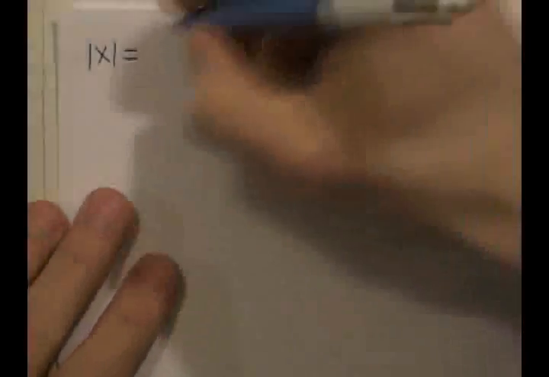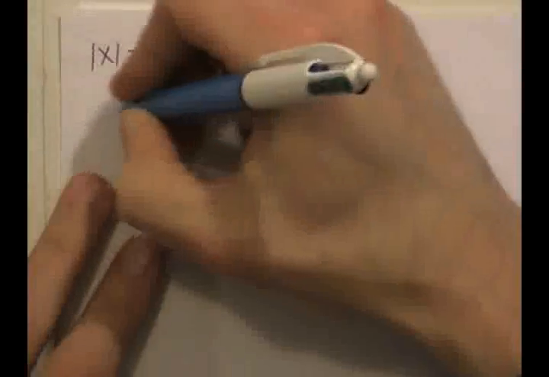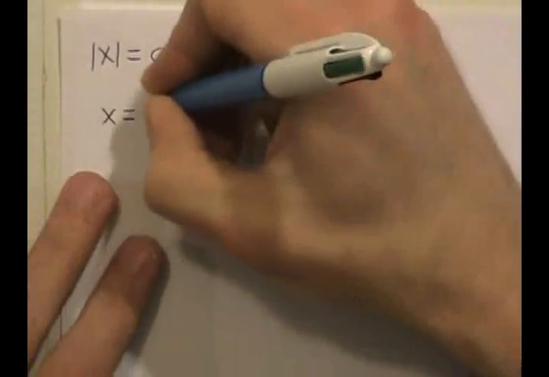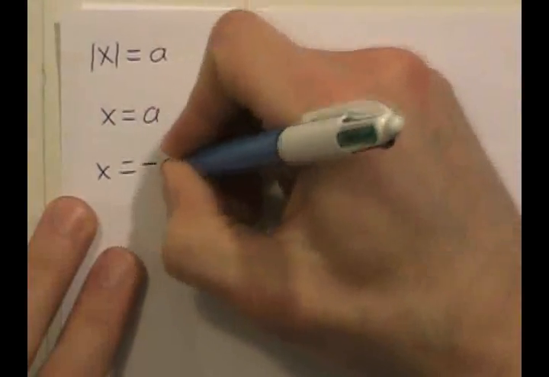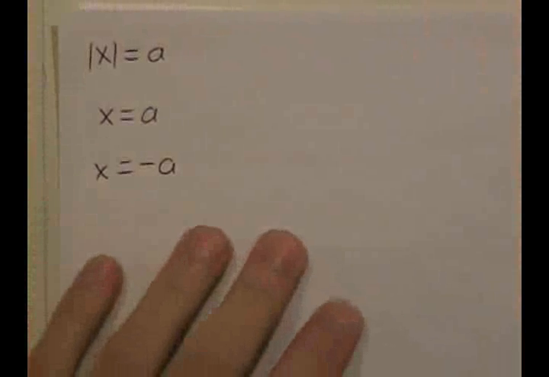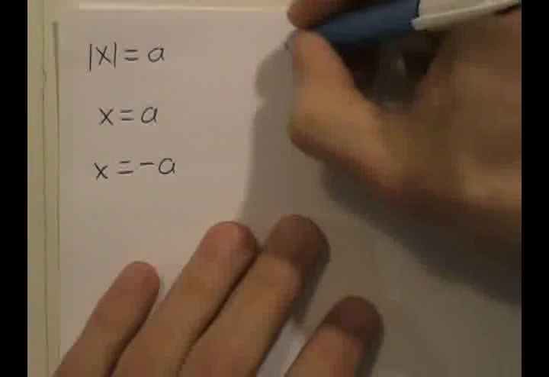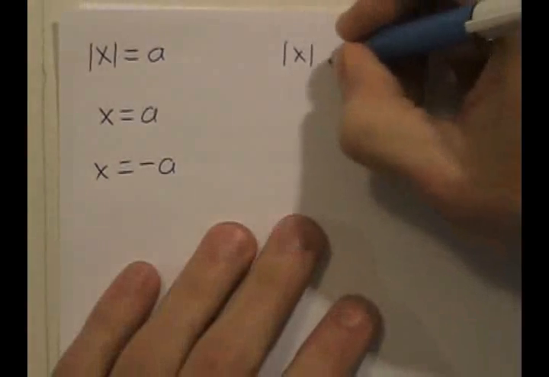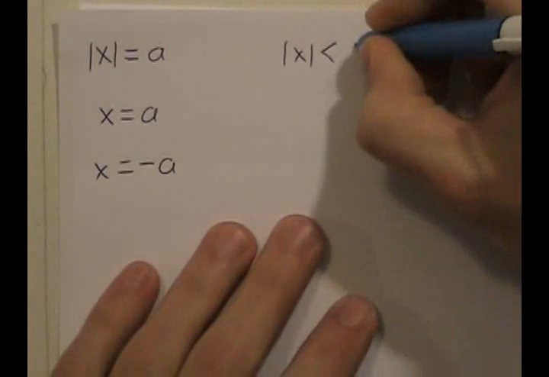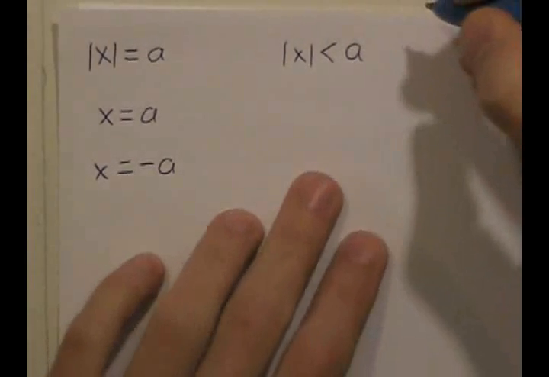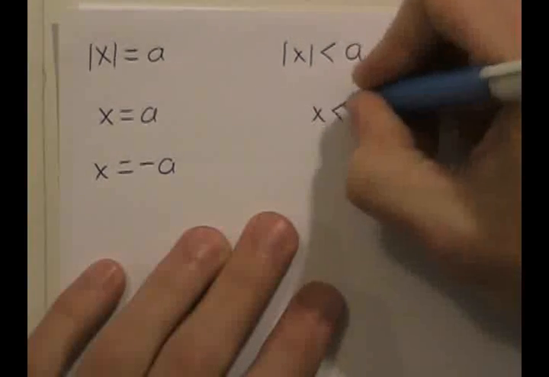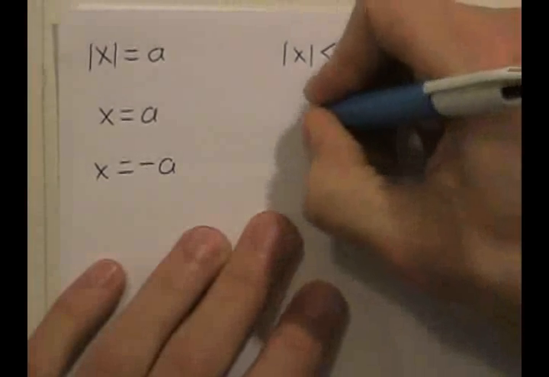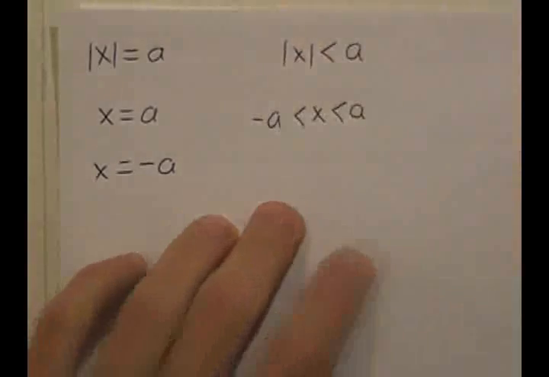If you have absolute x equals some positive number, the way that you solve that is to say x equals either that number or x equals the opposite of that number, whatever it may be. If you have absolute x is less than some positive number, you get rid of the absolute value and say x must be between that number and its opposite.